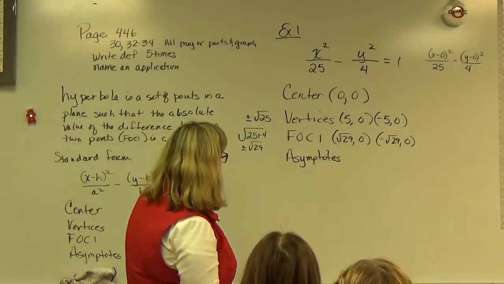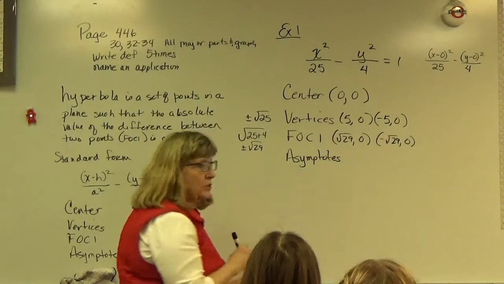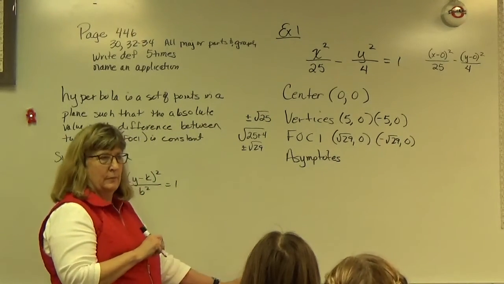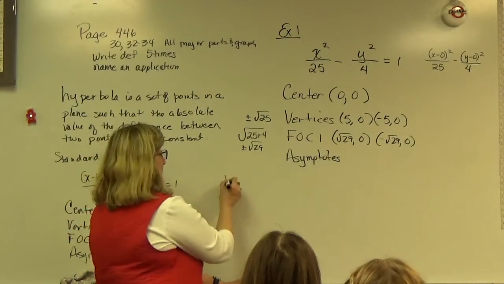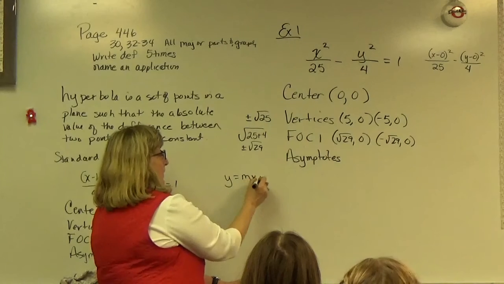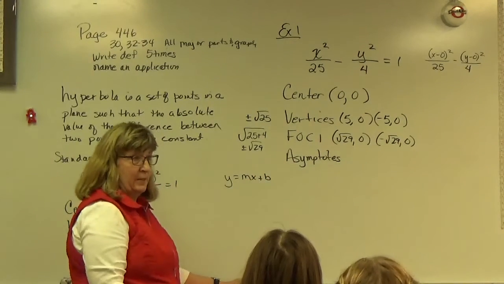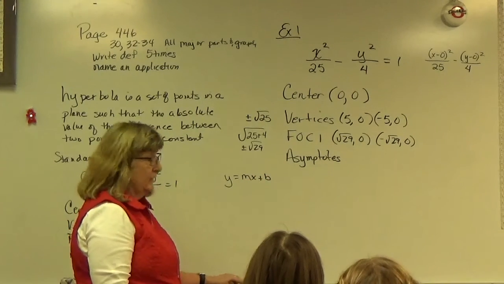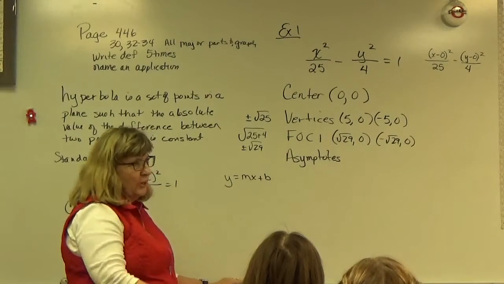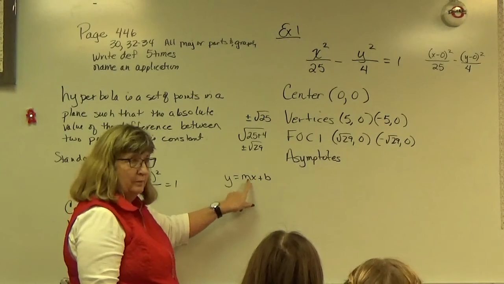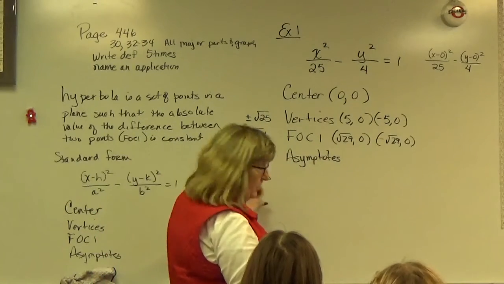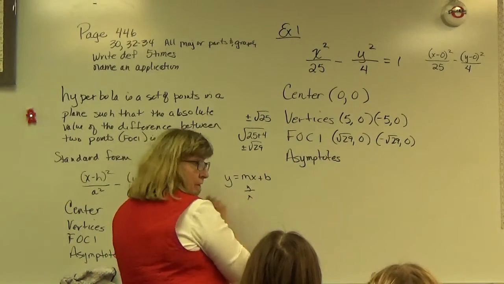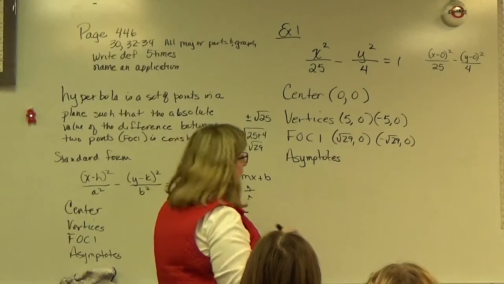Okay, an asymptote is a line. What's an equation of a line? Anybody tell me what an equation of a line is? y equals mx plus b, right? So what's important when you graph lines? Don't you have to know the slope? And what's slope? Rise over run, so that means you need y over x, which is very important.